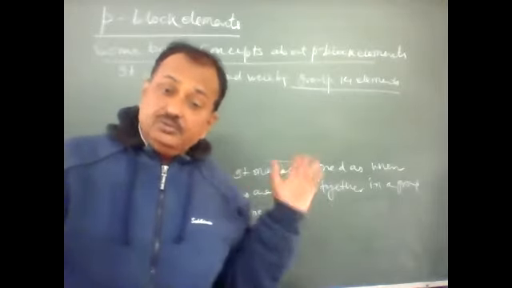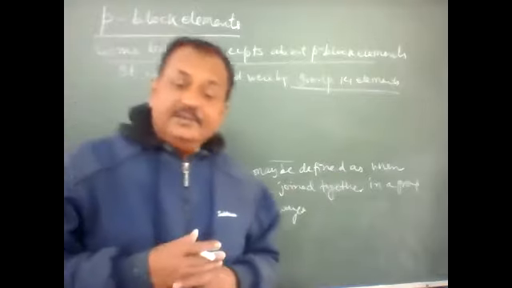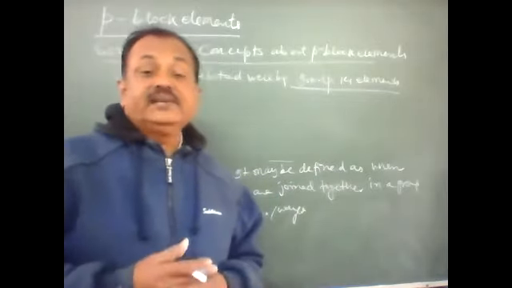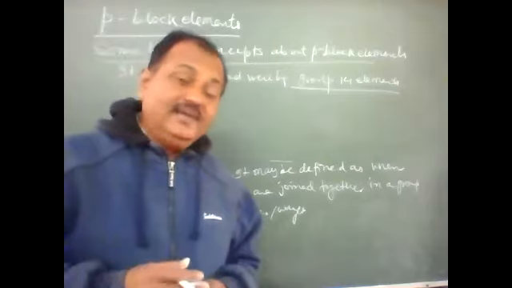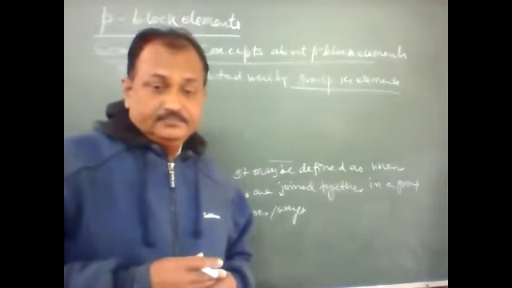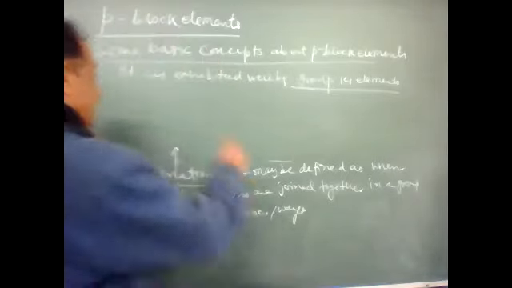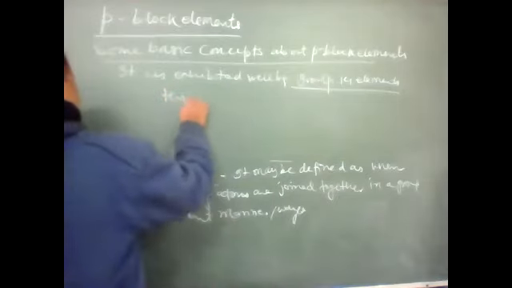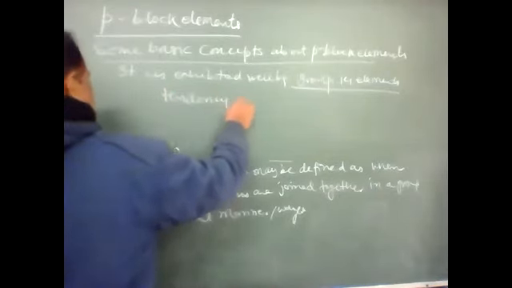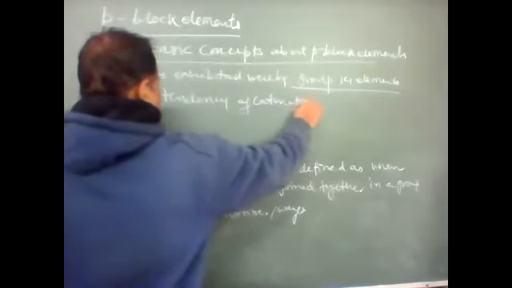Why? It is due to the tendency of catenation. There is diamond, there is graphite, there is fullerene. They all are due to catenation.